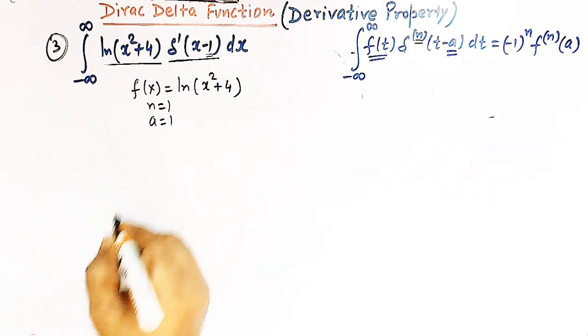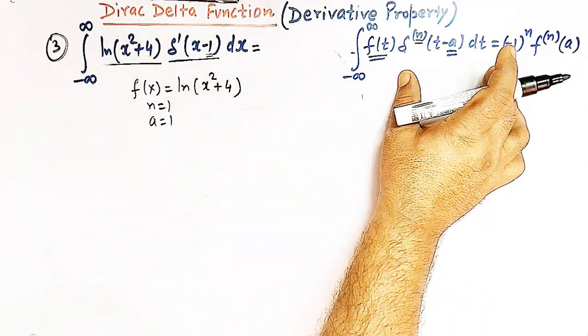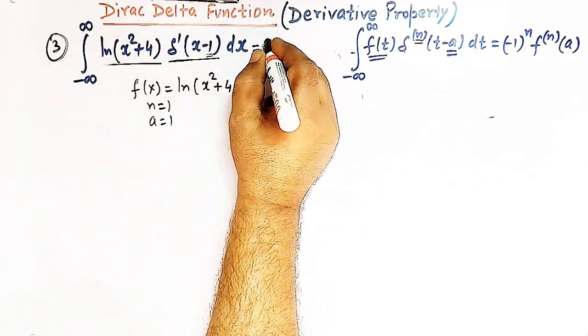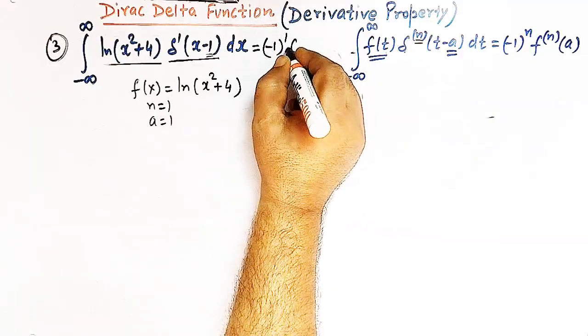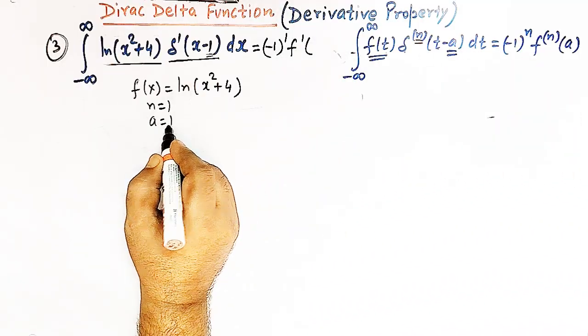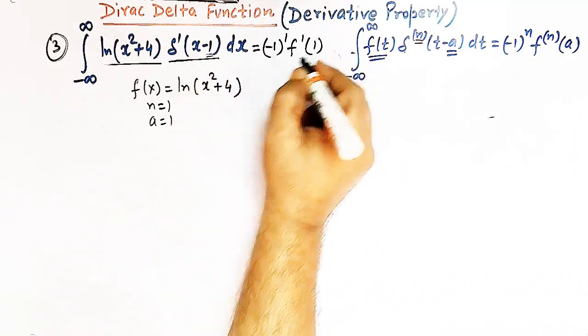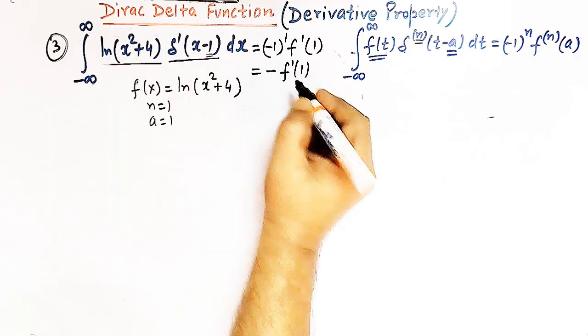So here we have a is equal to 1. So the value of this integral according to this property is given by minus 1 raised to n is 1, and we have f prime of a is equal to 1, right? So this is now negative of f prime of 1.